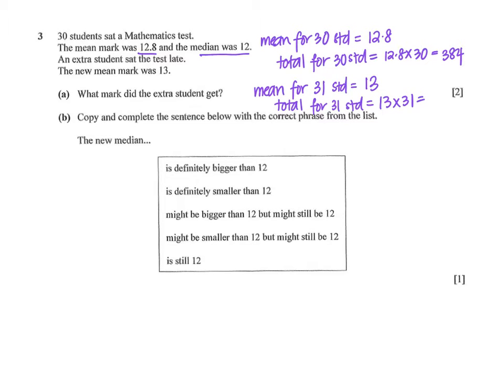That gives me a total of 403. So what is the extra mark? So therefore the new mark is to take 403 minus 384. So that will give me the answer 19 marks.